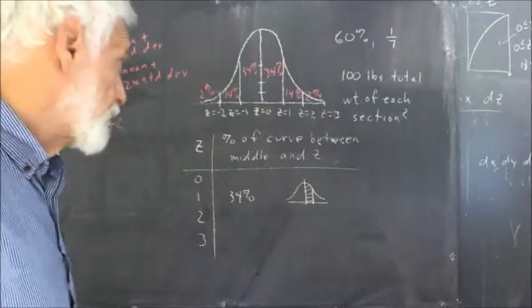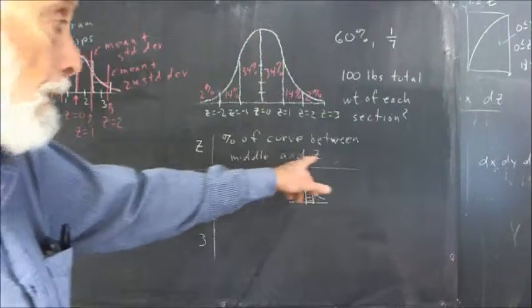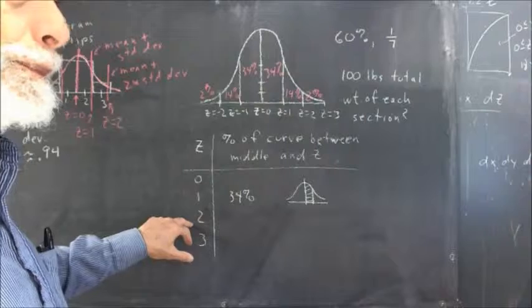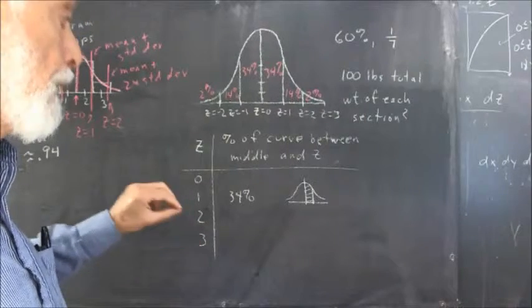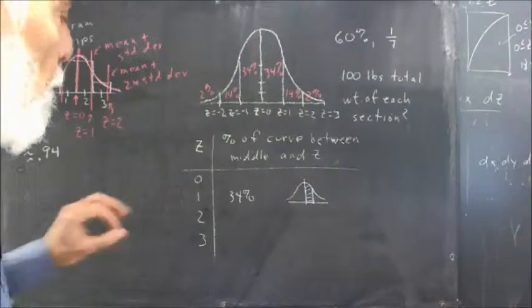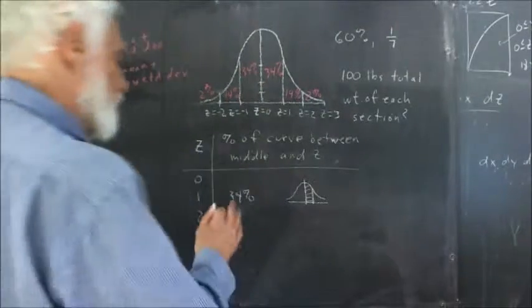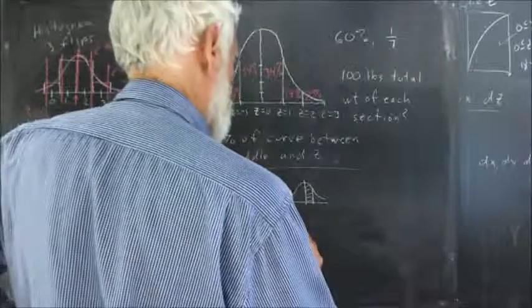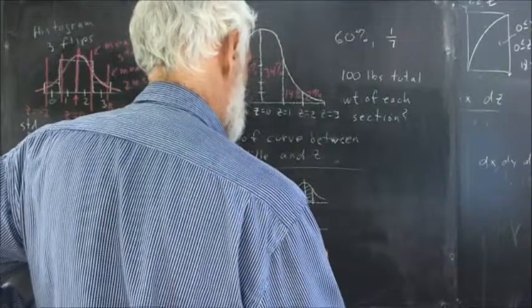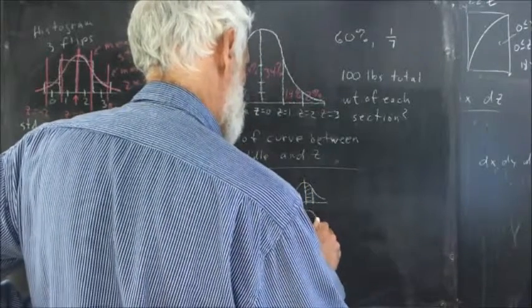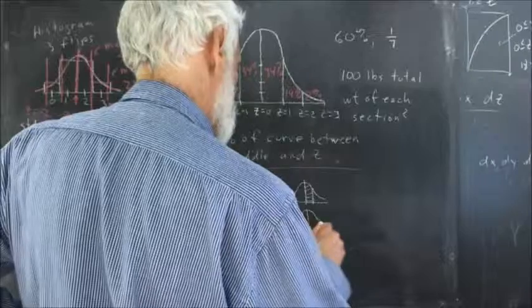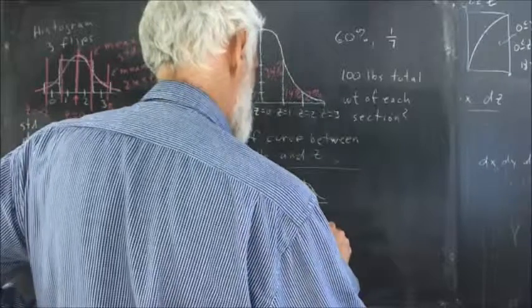Now, next question. What's percent between the middle and Z equals 2? You should have an opinion, and pause until you do. Okay, hopefully you've done that. Well, between the middle and Z equals 2, we're talking about this.